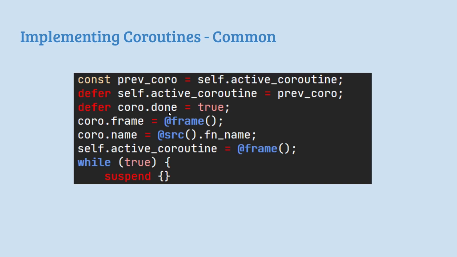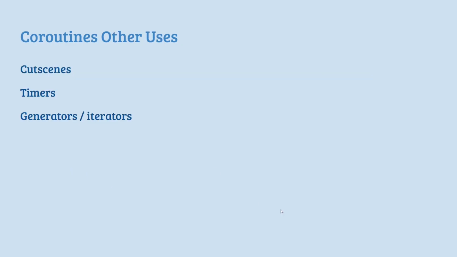The memory cleaning is not done by the coroutine itself, it's done by one level higher, and marking it as done means that this can be used again once it's cleaned. Similarly, we set the active coroutine, we set our frames, etc., and start an infinite loop with the first thing being suspend.